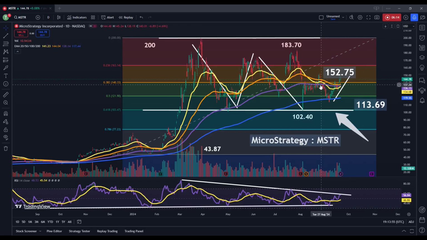So this essentially would be the price high that was posted during the August 26th trading session. And as we can see here, that comes within fairly close proximity to the current price level because we did have that weekly close right around the 145 mark. So if we do start to see some upward share price movement in Bitcoin next week, it really wouldn't take much to send MSTR share prices through this 152.75 level.